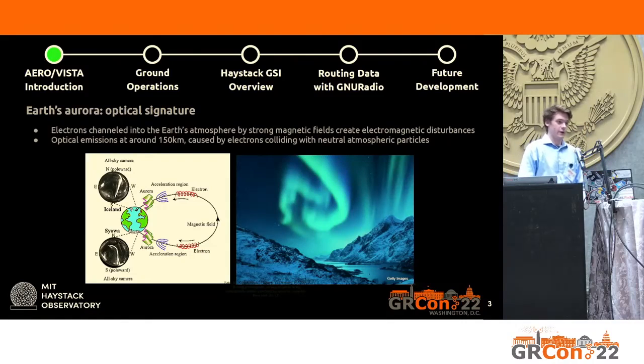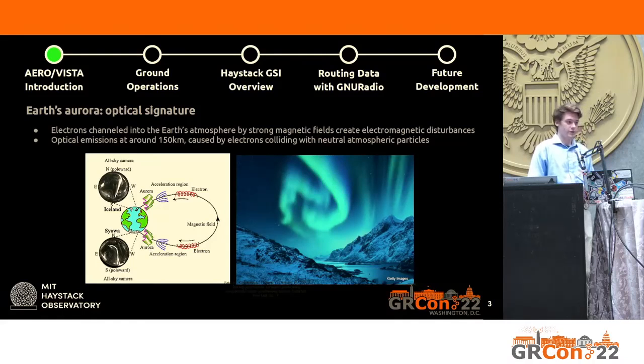Anything above the Earth, not too far away, they'll look at it, right? One geospace phenomenon that you might be familiar with is the aurora, the northern or southern lights. This is an optical phenomenon which occurs at the poles whenever high energy electrons come in and interact with neutral particles, causing this optical disturbance.